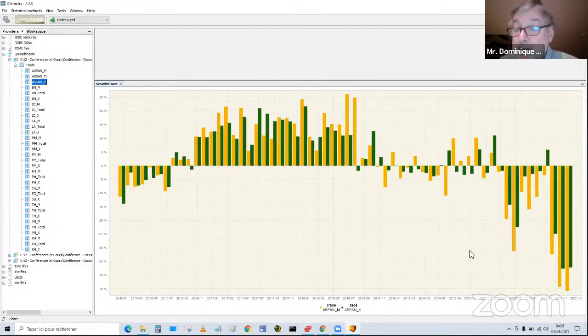But you know exactly the situation because you have been studying the ASEAN data for years now, so you know. But as I told you, the problem with this kind of representation is that because you work on the annual growth rate, you have here probably something which is not so good.